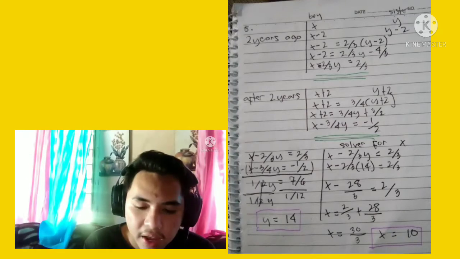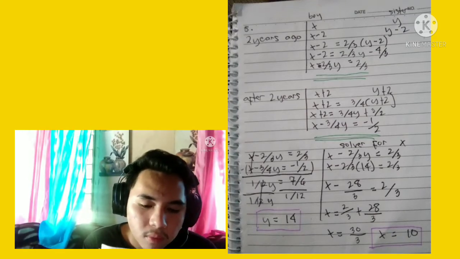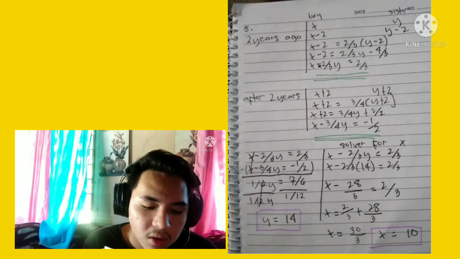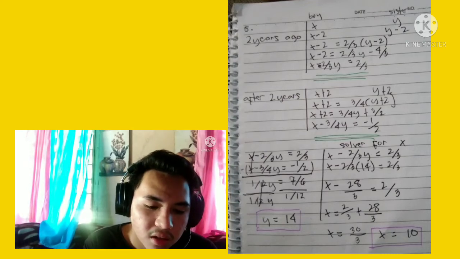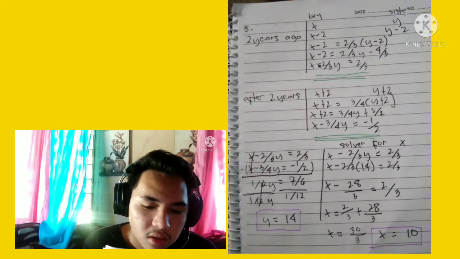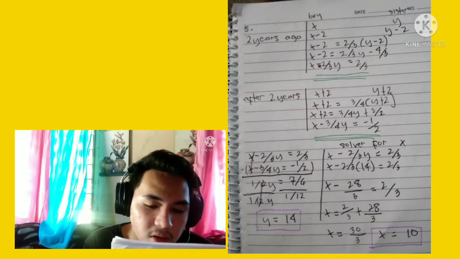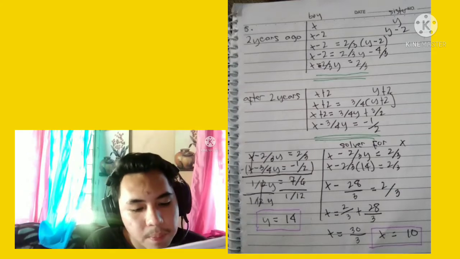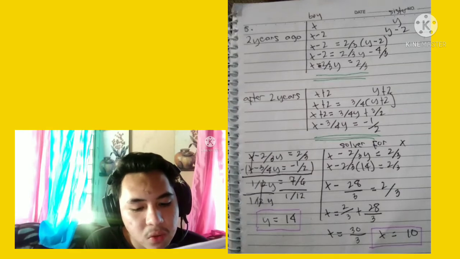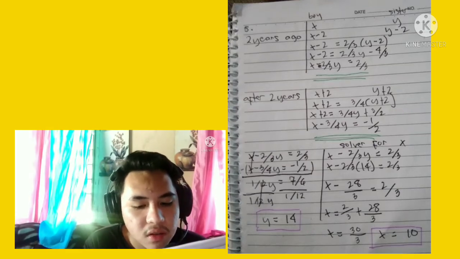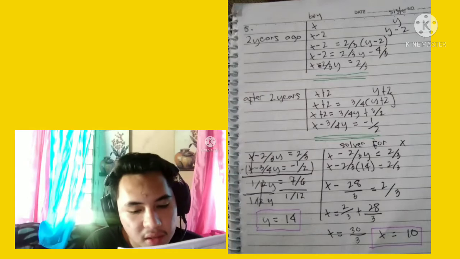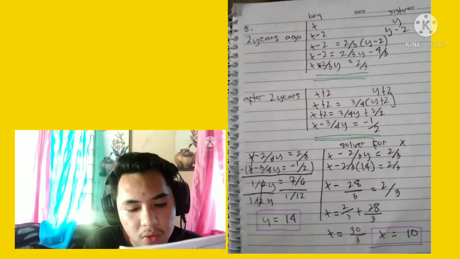Then we can solve for x. So just substitute our y into our first equation. So x minus 2/3 times our y, which is 14, equals 2/3.